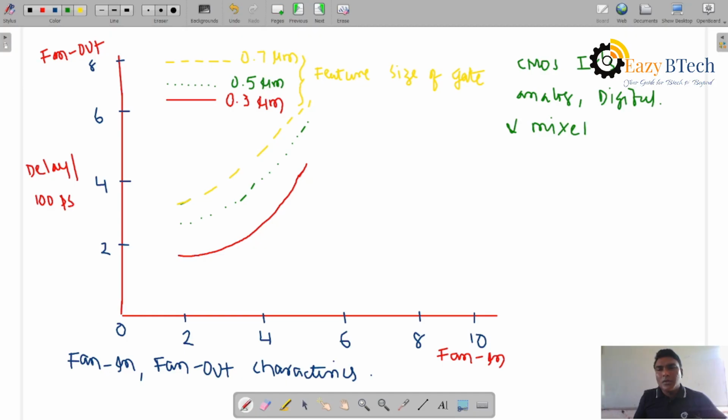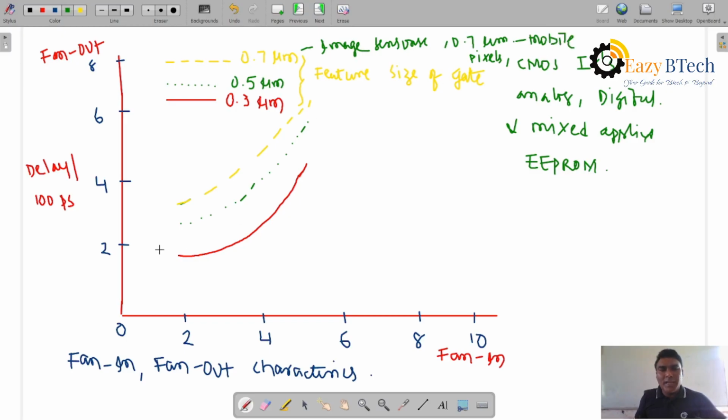With a 0.3 micrometer gate feature size we use WP-ROM, and with 0.7 micrometer it is used in image sensors, sensing the image with 0.7 micrometer pixels, in mobile applications.